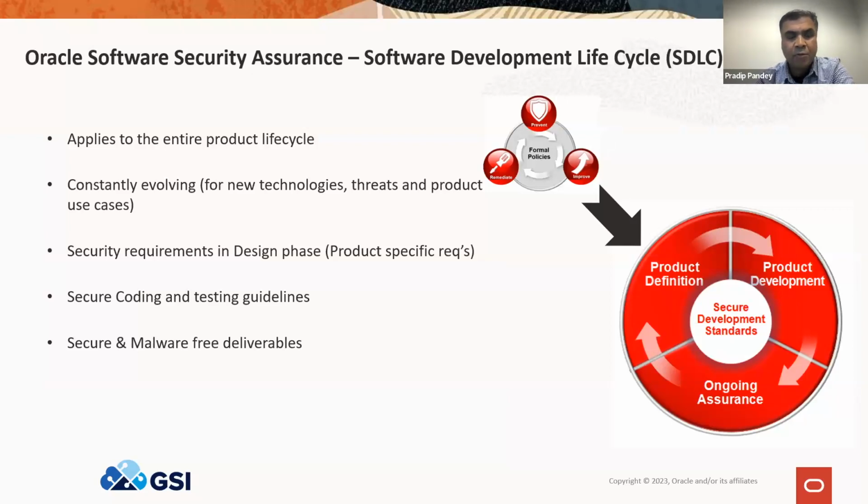We have a security requirement in the design phase of any feature in JD Edwards. Plus, we have secure coding and secure testing guidelines and standards to implement and test a feature for JD Edwards. And finally, we have a secure and malware-free deliverable when we upload our software to the update center, e-delivery, or the cloud marketplace. Next slide.